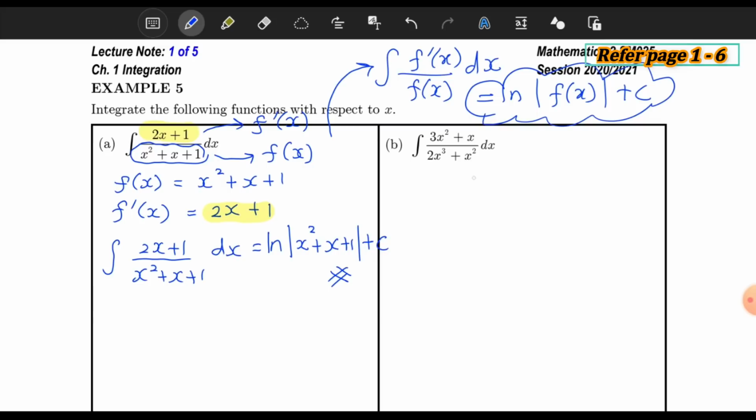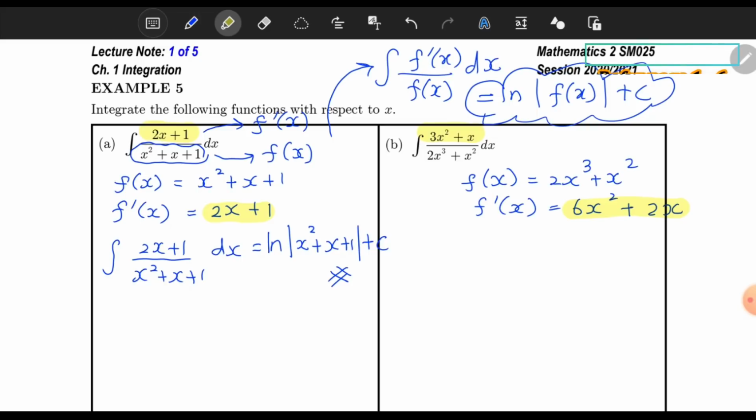And part B, we let fx, the denominator, be 2x cubed plus x squared. And f prime x equals 6x squared plus 2x. If we look at the derivative, we have 6x squared plus 2x, but the numerator is 3x squared plus x, which is half of the derivative.